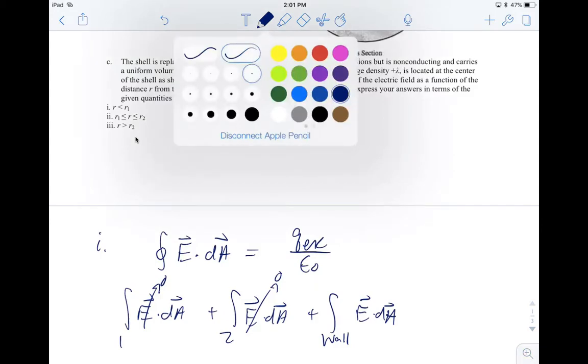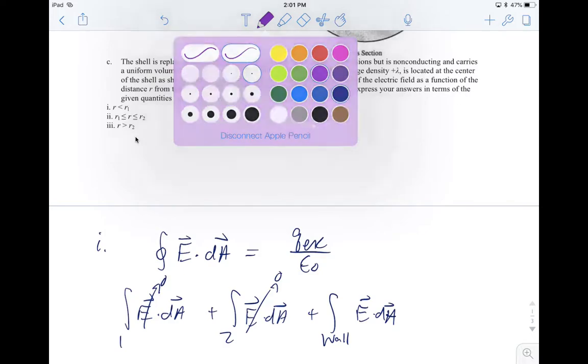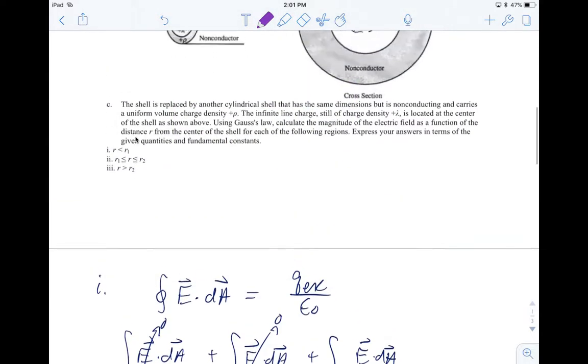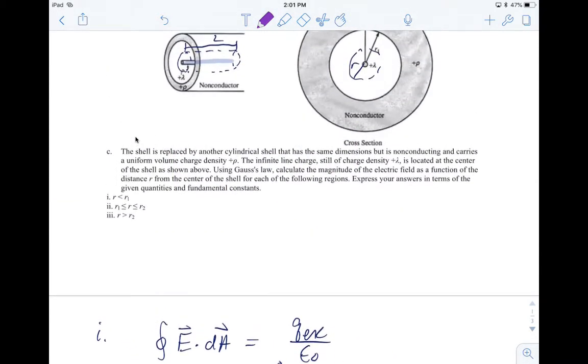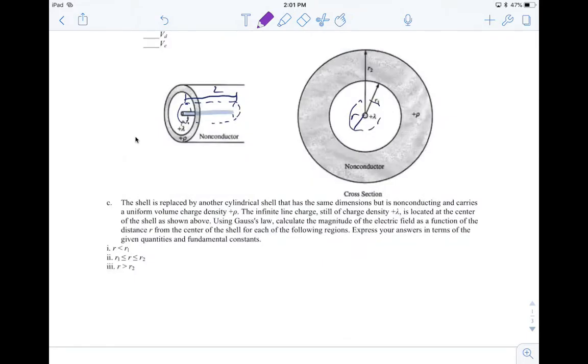Okay, so part 2. We want to know the electric field when R is in between R1 and R2. So in this region right here. So we're going to draw a new Gaussian cylinder. It has a new radius, but still the same length.